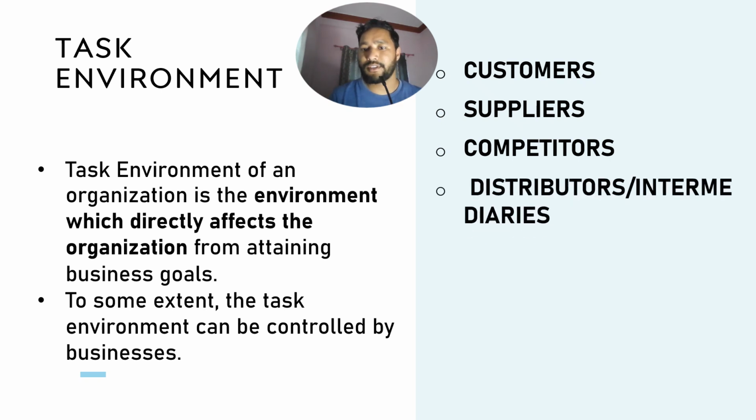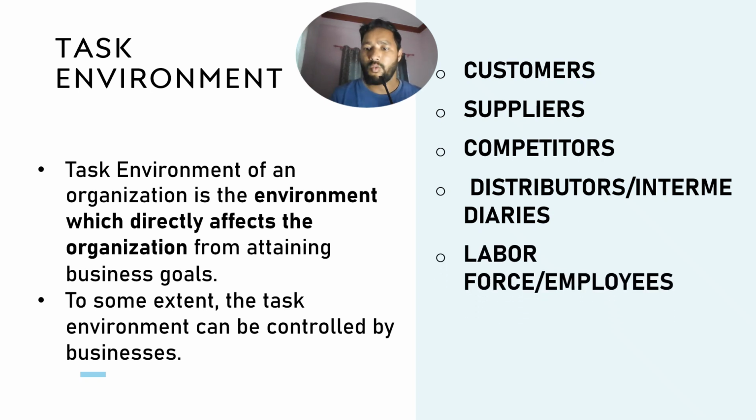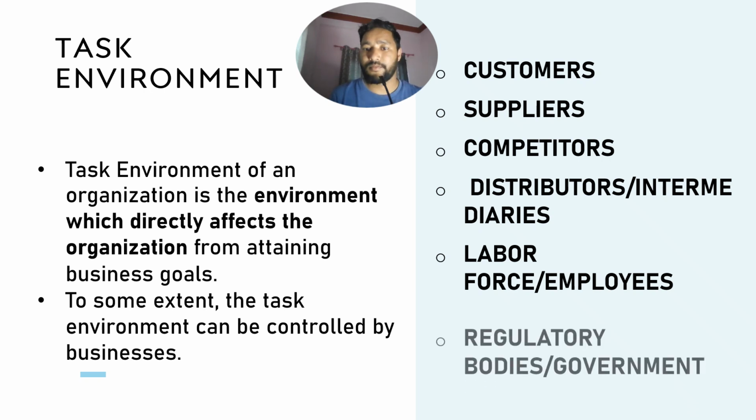Similarly, distributors and intermediaries, wholesalers, retailers, those factors also influence the organization, and the organization also influences them because they have a mutual relationship. Similarly, labor force or employees. What kind of people are available in the labor market? It also determines the quality of product the organization can produce.